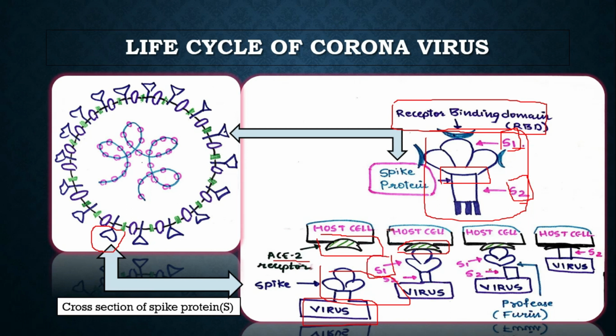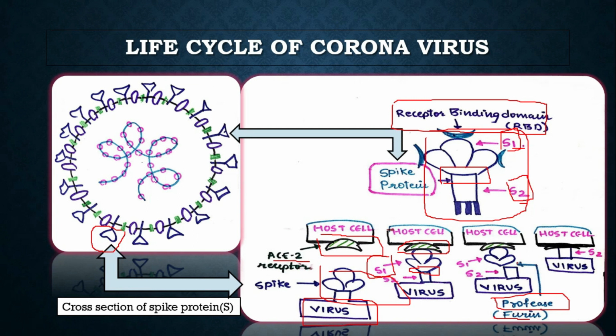As I said, there is a cleavage site between S1 and S2. It will be cleaved or broken with the help of the protease enzymes called furin and TMPRSS2. These are the two enzymes which will break S1 and S2.